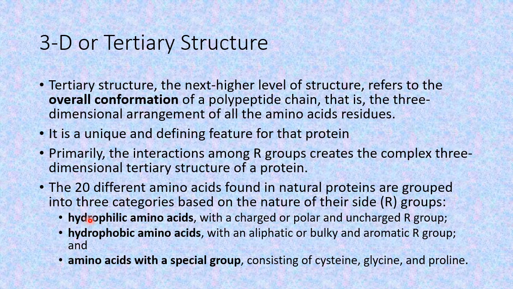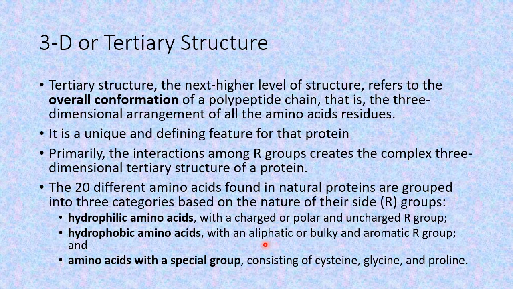These 20 essential amino acids may be categorized into three categories on the basis of the different R groups present. These R groups may be charged or polar and uncharged R groups, so they will lead to the hydrophilic amino acids.